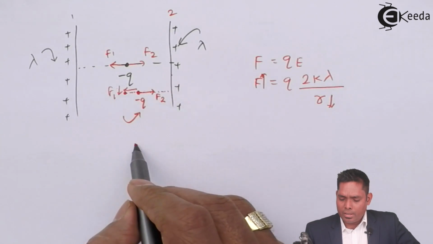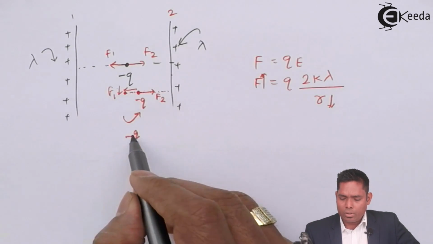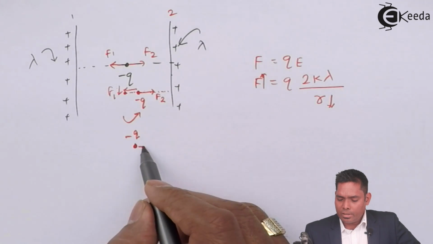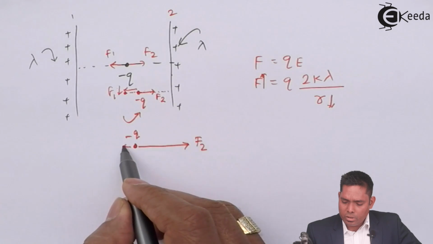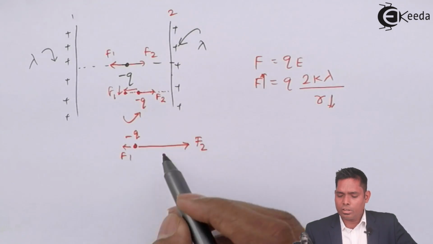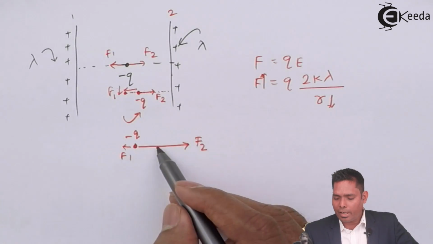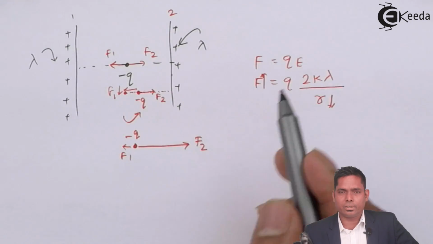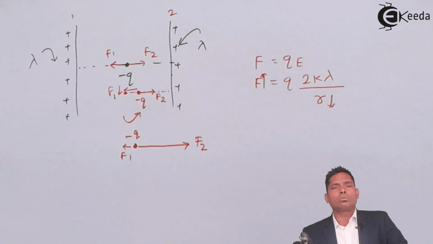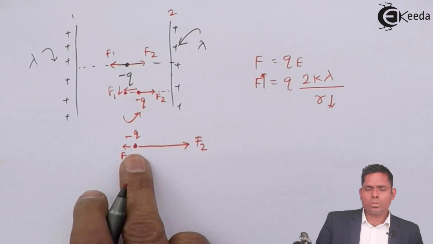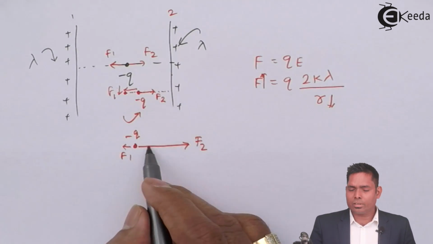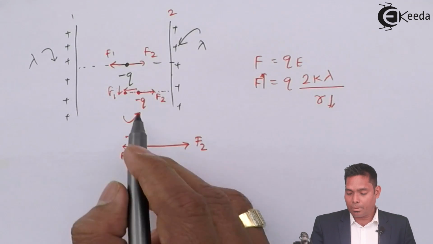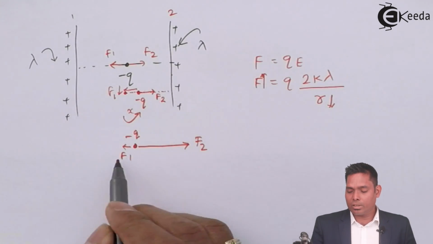So for this point charge minus q, on this side the force is increasing, and on this side the force is decreasing. You can see that the net force is towards right, and it will continue to move in that direction. For SHM, force and displacement should be in opposite directions, but here the net force and the displacement x are in the same direction.